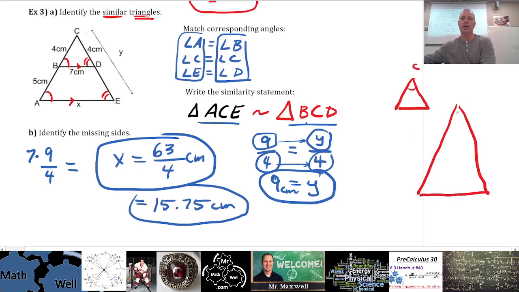So that's C, just like that C. This is 4 and 4. This would be 9 and 9. And we found out that Y was 9. See that? So even though they're nested, kind of one within the other, they can still be similar triangles that you can pull out of there.